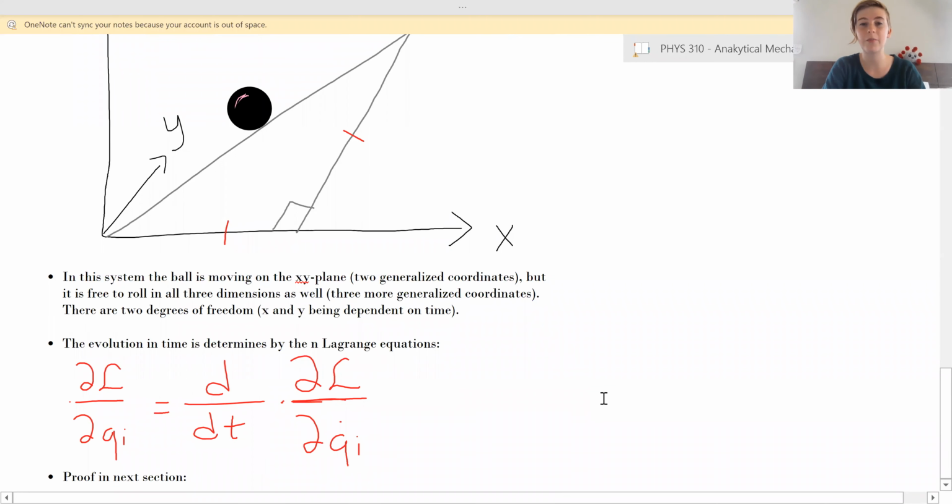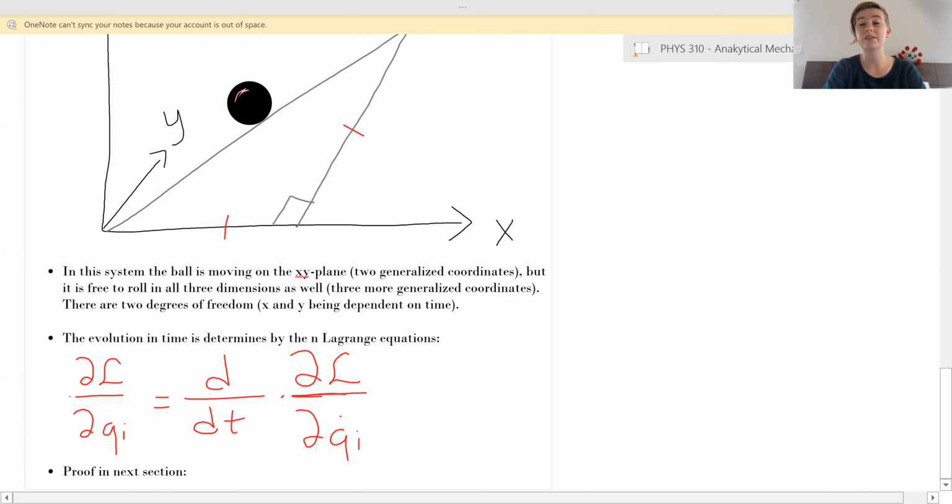The main takeaway from all of this was that the evolution in time, so basically how the coordinates change in time, is dependent on the Lagrange equations, 1 through n of this right here, which is what we've been brushing up on for the last couple sections.